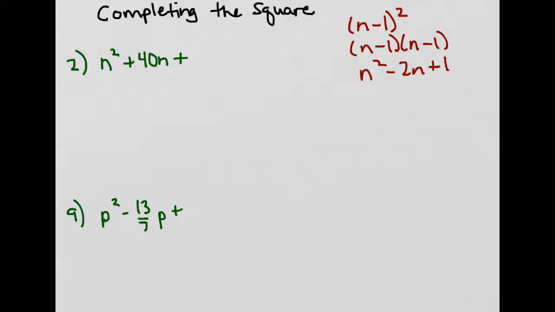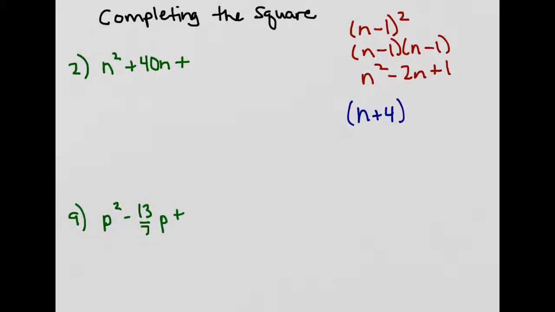Similar thing we can do with something like n plus 4 squared. When I multiply it out, I get n plus 4 times n plus 4, which results in n squared plus 8n plus 16. Now when you work enough of these, you start to see a pattern.